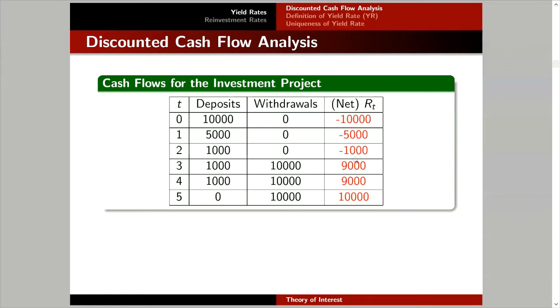Okay? And so on. For time 3, you have a deposit of 1,000 and there is a withdrawal of 10,000. So, if you combine, this is a negative 1,000 and this is positive 10,000, you will get 9,000. Right? This is again taking the viewpoint of the investor. So, ito ang mga values ng R sub T. Okay?